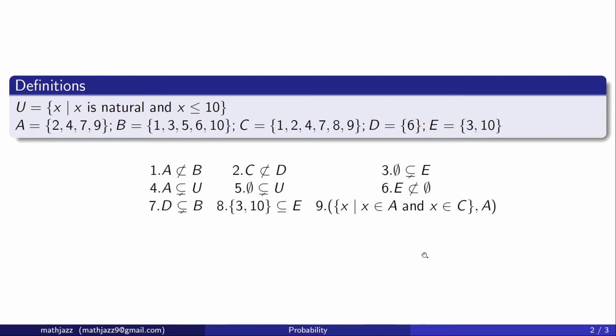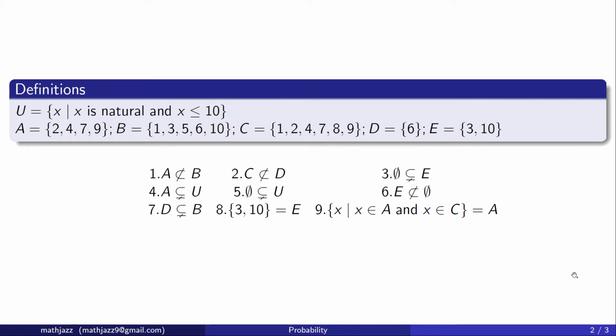So this is also the improper subset. So it's a subset, but it's also equal to A. X such that X is in A and X is in C is equal to A, because A happens to be contained in C. So rewriting these, we say that {3, 10} is equal to E, and X such that X is in A and X is in C is equal to A.